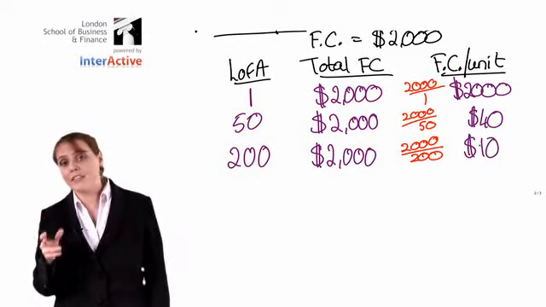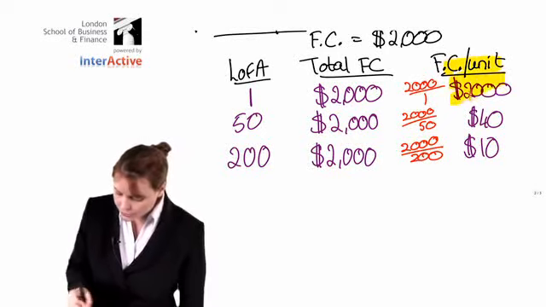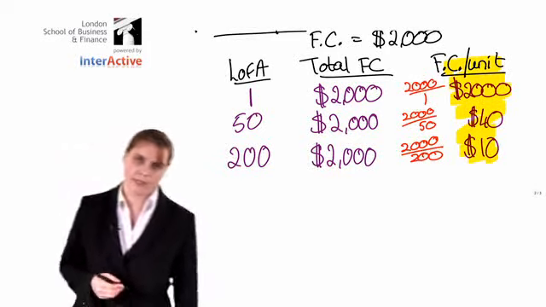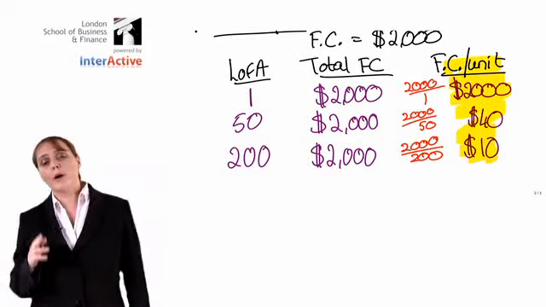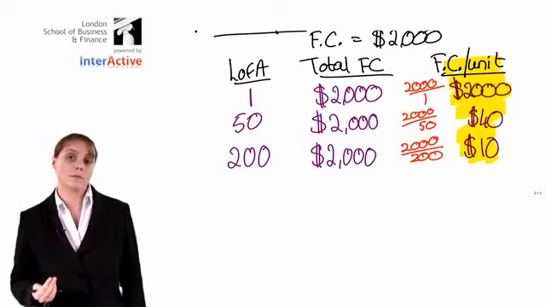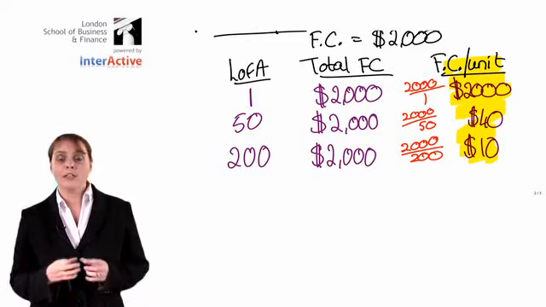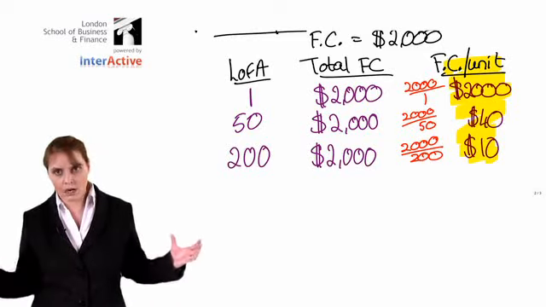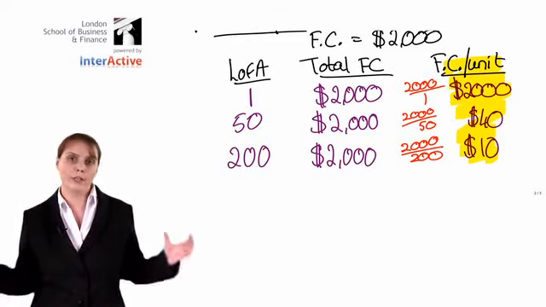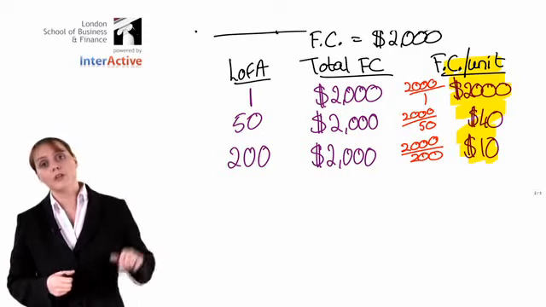As our level of activity increases, our fixed cost per unit will decrease. Even though our fixed costs stay the same in total terms, if we increase our level of activity, then we are spreading that cost across more units. So our fixed cost per unit goes down.